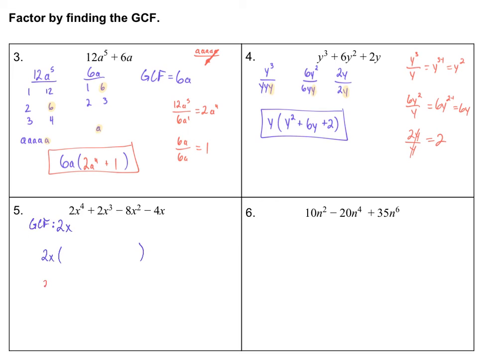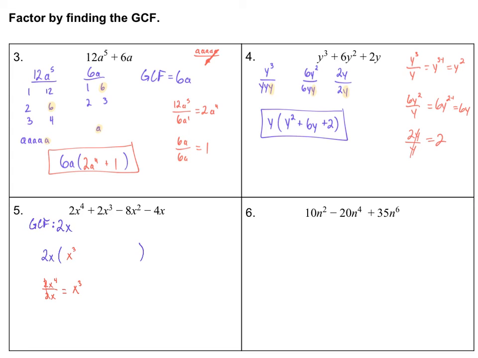Well, if we've forgotten, we can always do 2x to the fourth divided by 2x. So the 2's cancel. 4 x's on top, 1 on bottom leaves me just 3 x's. So x cubed goes first.